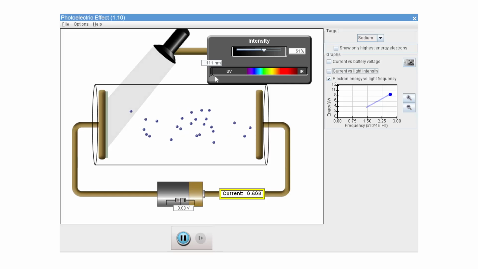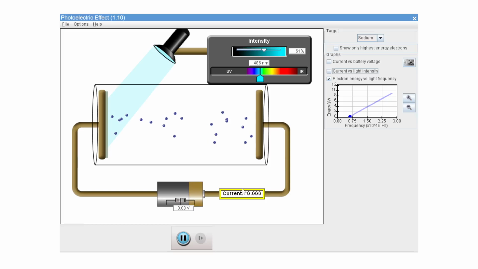Decreasing wavelength means increasing frequency. Now I'm going the other way around so that it meets. The 0 energy is happening at around this frequency, 486 nanometers.